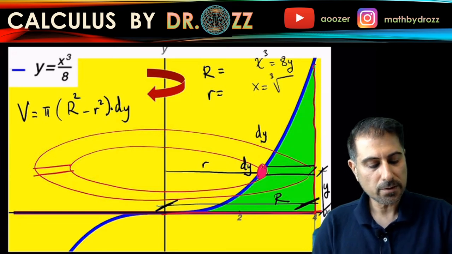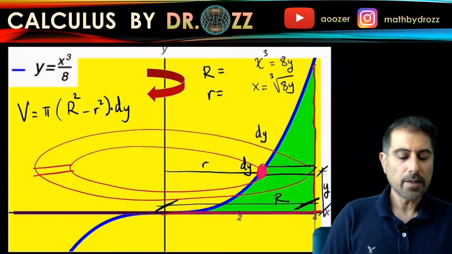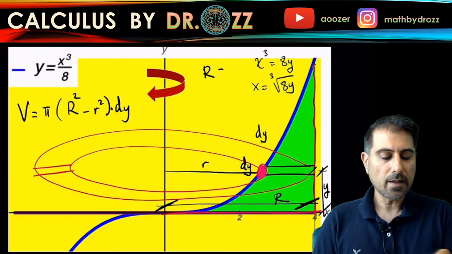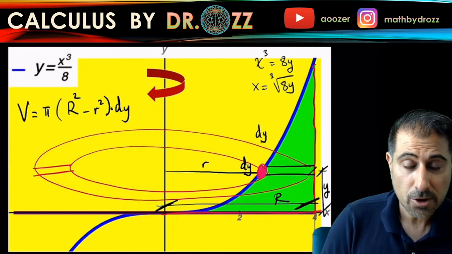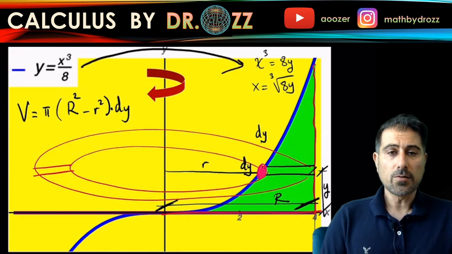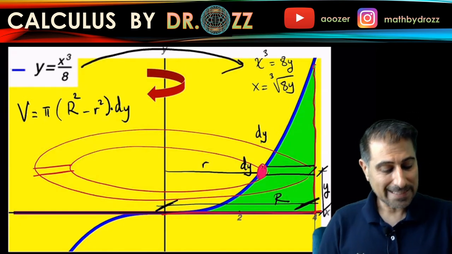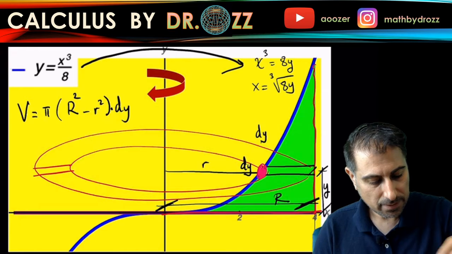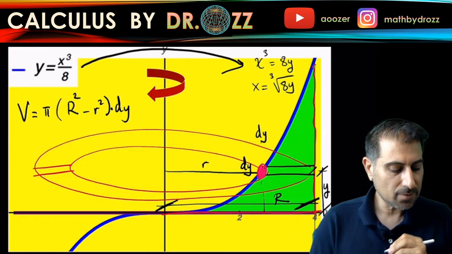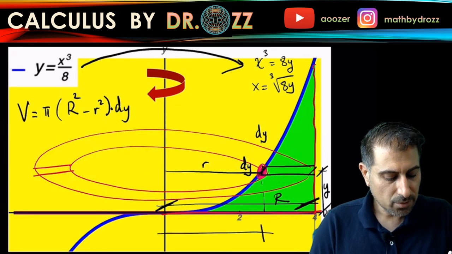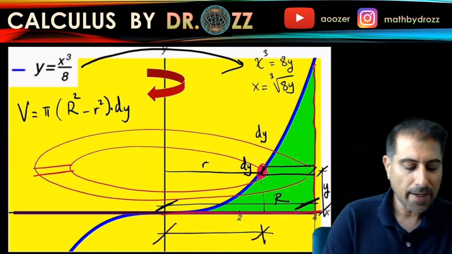I'll just erase this part, I don't need it right now. So this is the x representation, x equals g of y, of the same curve. If you provide me y, I can tell you exactly what this length is. So I know exactly what this length is in terms of y. It's in fact the cubic root of 8y.